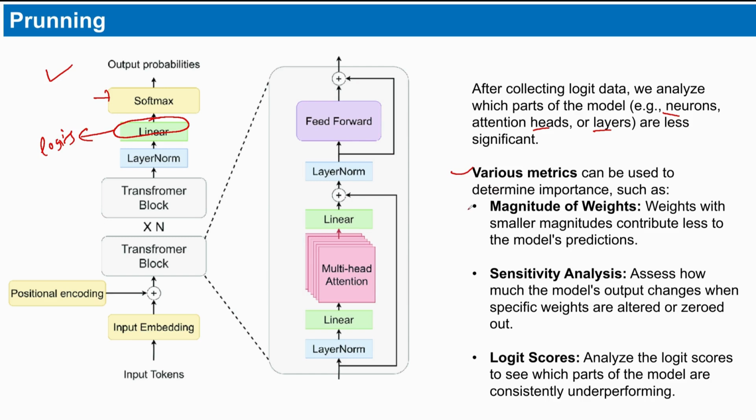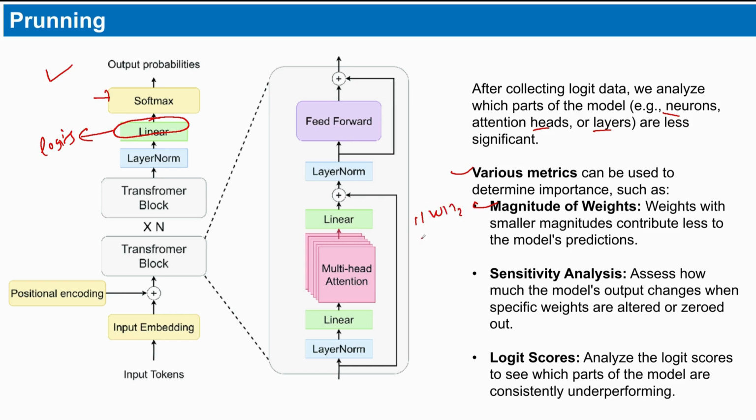One metric is the magnitude of the weights, since weights with smaller magnitude contribute less to the model prediction. The most common method to find the magnitude of weights is applying the L2 norm on the weights.